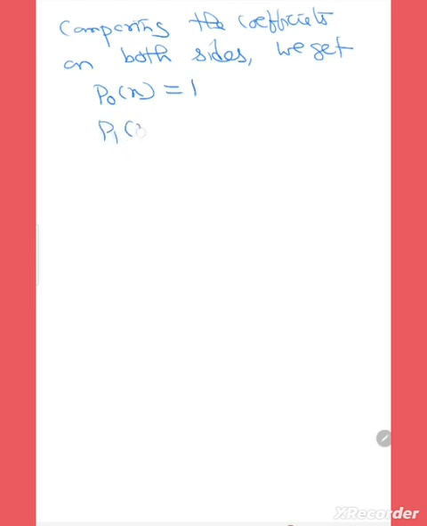The value of p1 of x is the coefficient of h, which is x, and p2 of x is the coefficient of h square, which is 1 by 2 into 3x square minus 1.